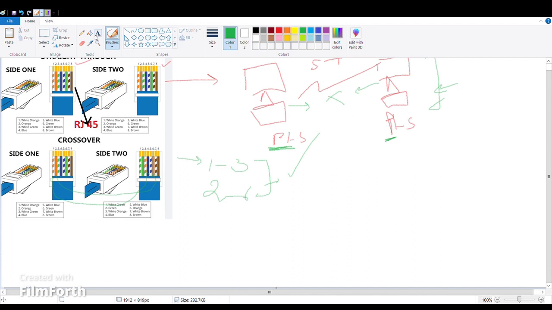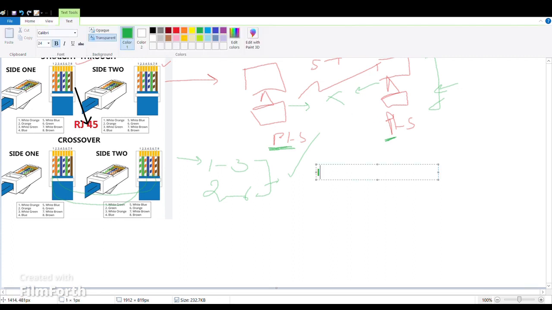Now the concept left is IP addresses. An IP address is 32 bits with 4 octets, each octet of 8 bits.